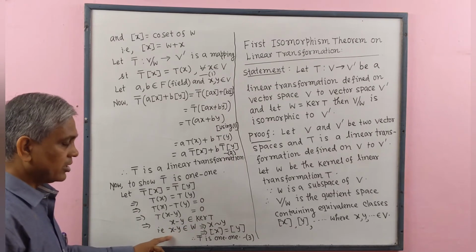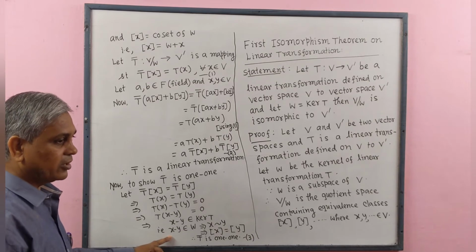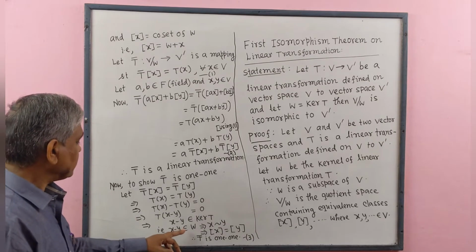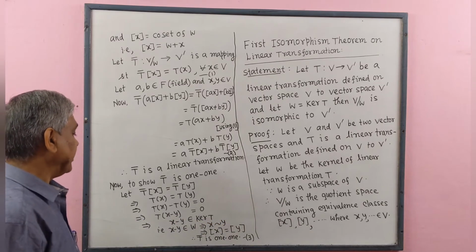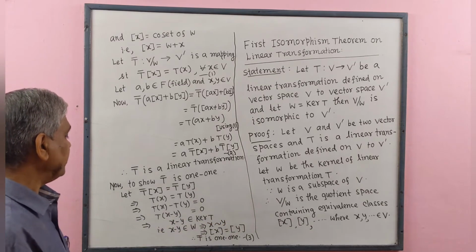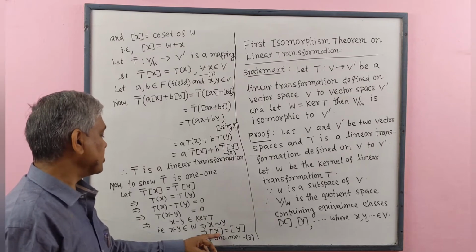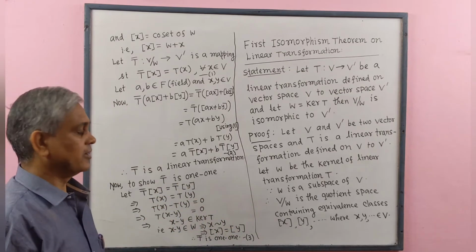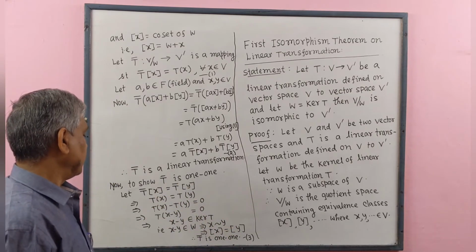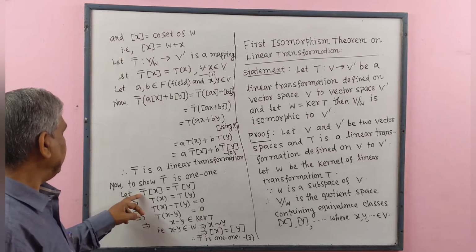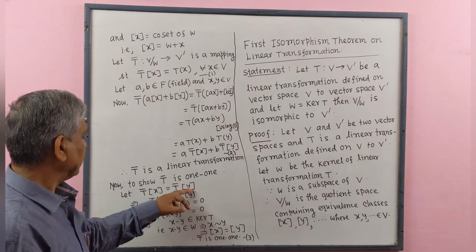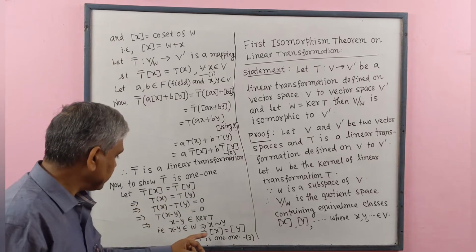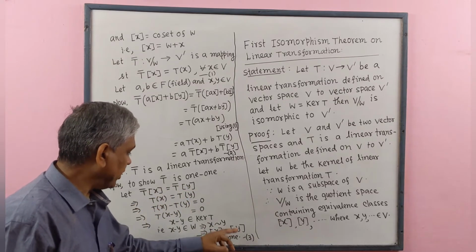That means, according to our definition, x is congruent to y. That means class x equal to class y. Therefore, we get T bar of class x equal to T bar of class y means class x equal to class y.